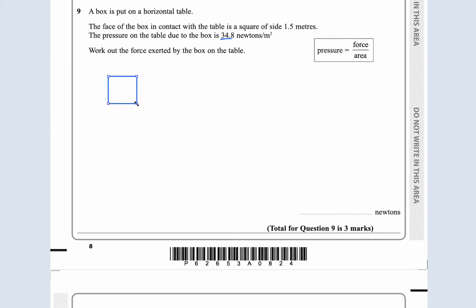Okay, the square, this is touching the table, so the box is on the table. It has a side of 1.5 meters and 1.5 meters. Now we want to find the area because that's what's in the formula. The area is then 1.5 squared, or 1.5 times 1.5. 1.5 squared is 2.25.